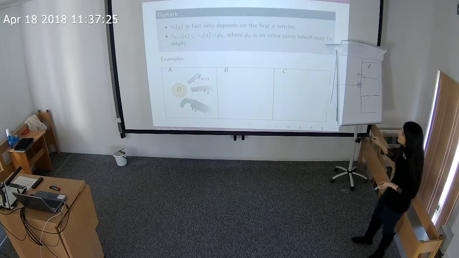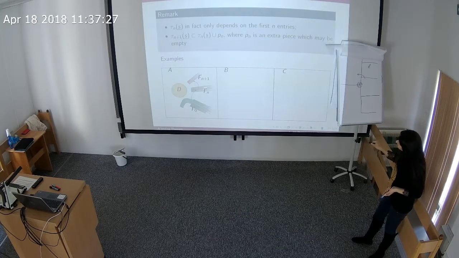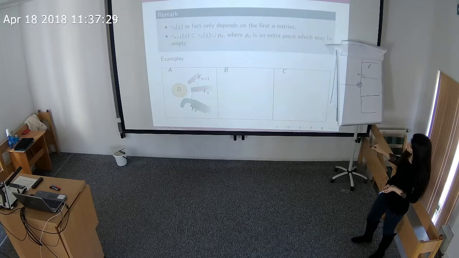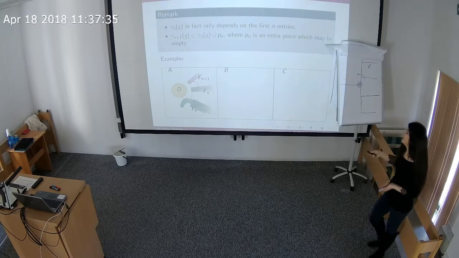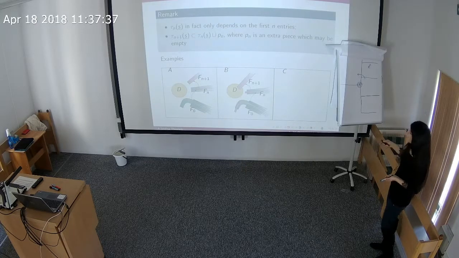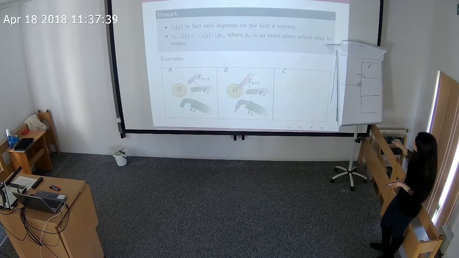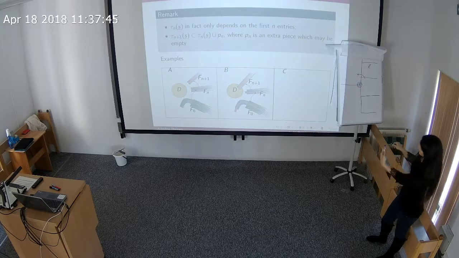This pre-image of Fn-1 will be forever contained inside the previous domain. While if a fundamental domain does intersect the disk, when you pull it back, it will kind of stick out, and this fact of sticking out will be preserved forever after.